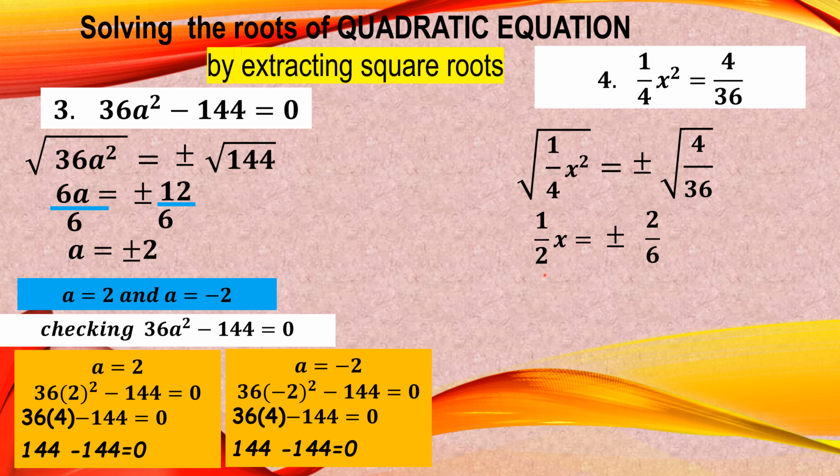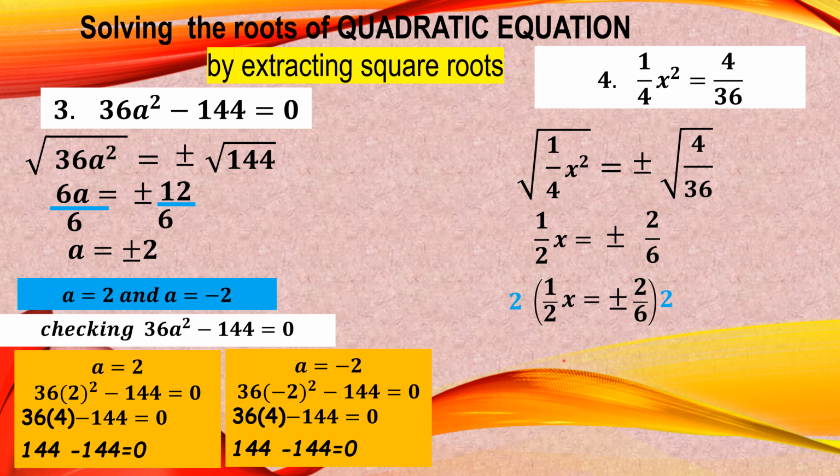we need to multiply a 2 to both sides. Why are we using a 2? Because the 1/2 has a denominator of 2, and we need to eliminate the 2 there in order for us to obtain the x.